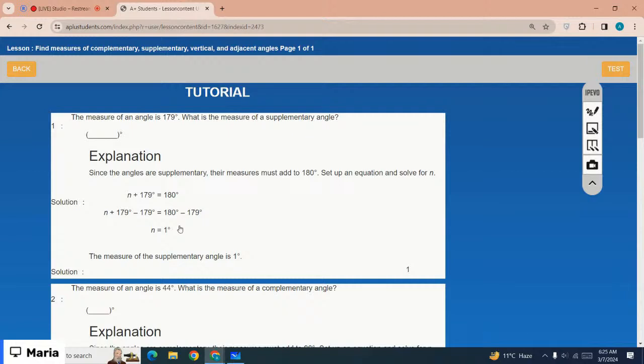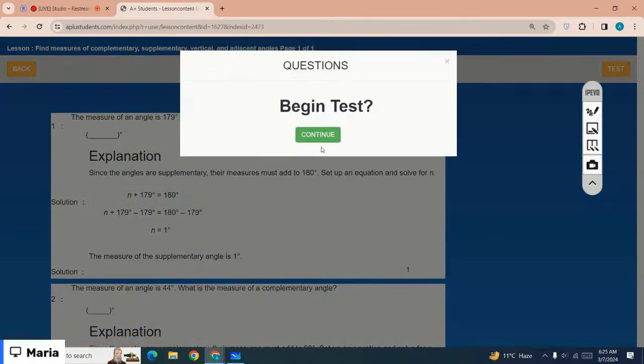So you are given the angle that is 179 degrees, right? So n plus 179 equals 180, right? You need to find the angle that completes it to 180. So that is n equals 1 degree, right? Let's just start with the test questions.